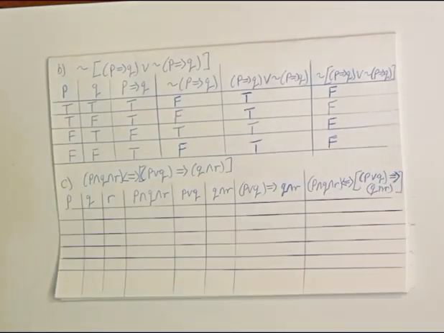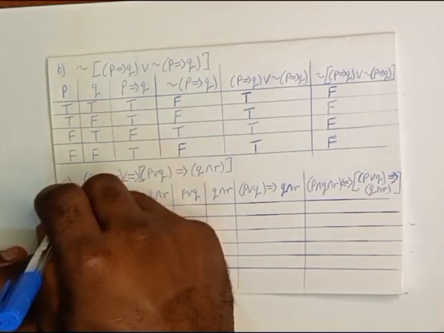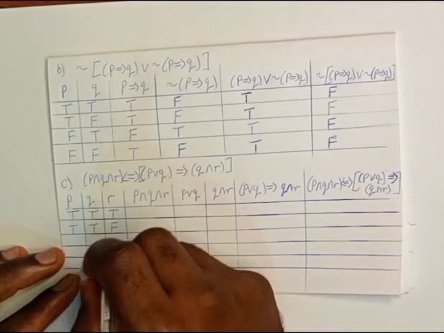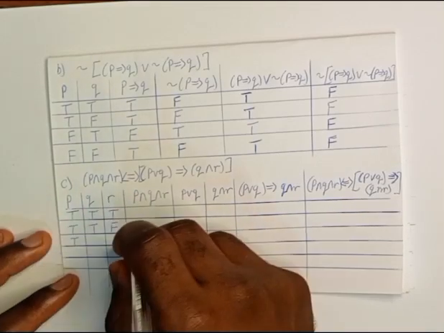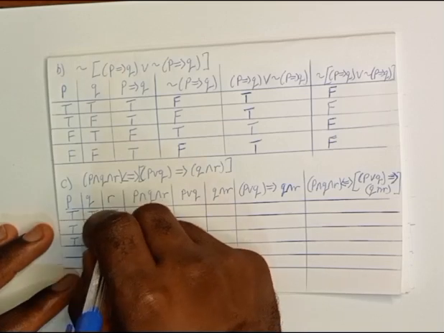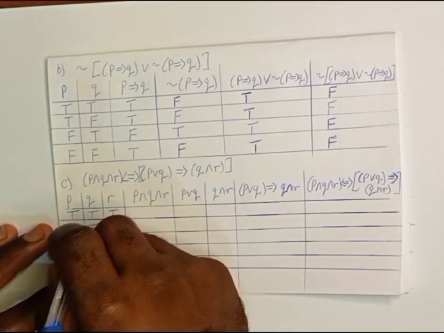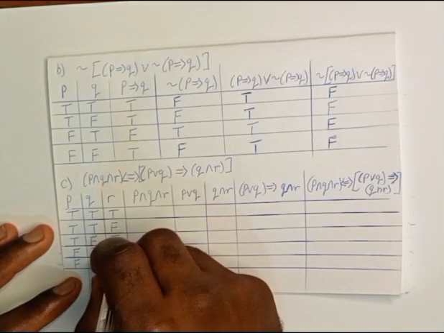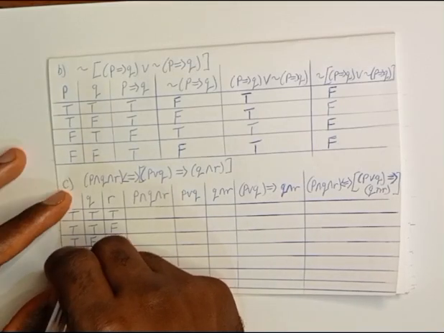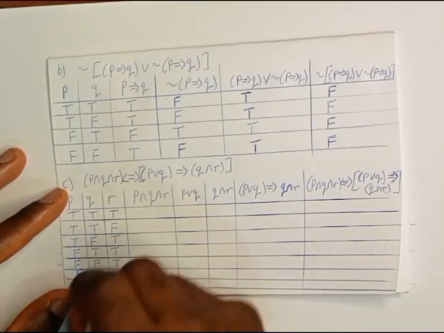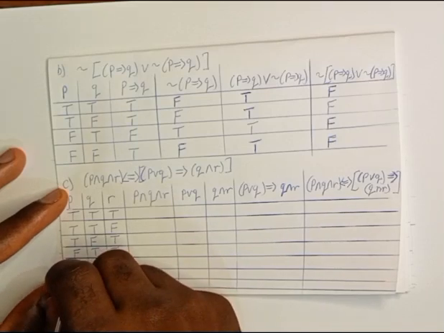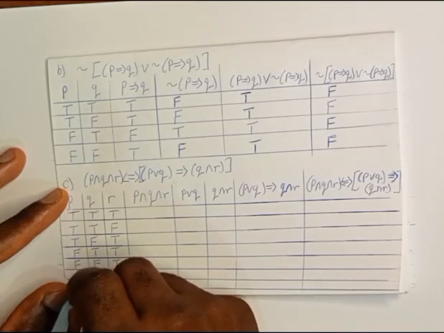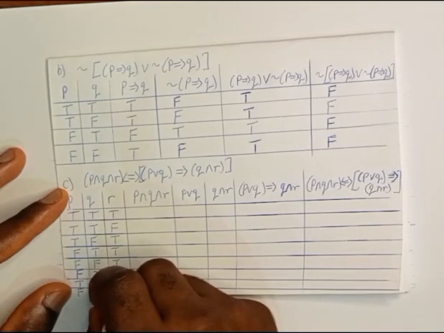Next, we have to fill the truth table. True, true, true, true, true, false, true, false, true, false, true, true, false, false, true, false, true, false, true, false, false, and lastly false, false, false.